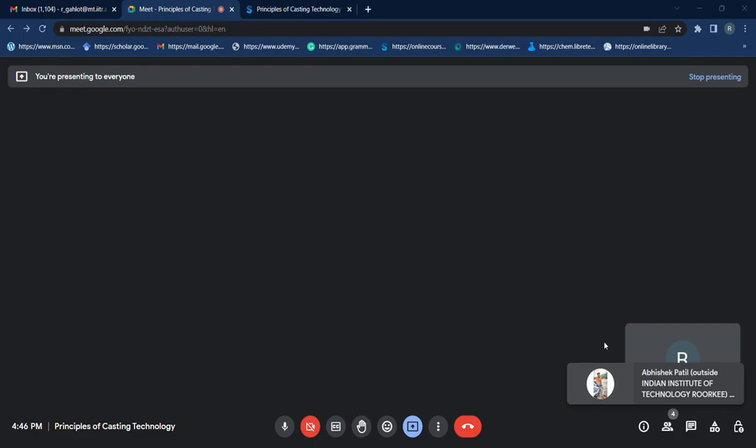For drop forging, it is the connecting rod. The answer for investment casting is turbine blades. The answer for die casting is carburetor body. Die casting is generally used for carburetors.